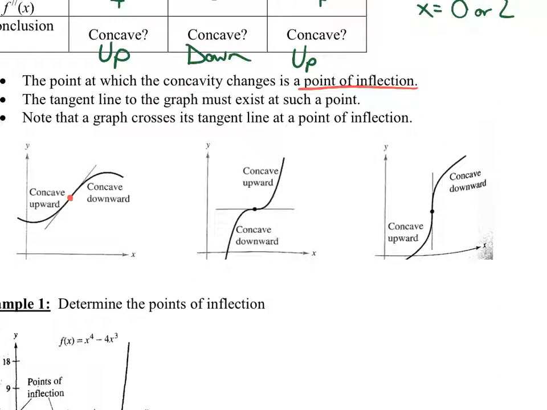We've seen that one other place, and that was when we had a plateau point. A plateau point is also a point of inflection. Not all points of inflection are plateau points, but all plateau points are points of inflection. So if you have a horizontal tangent, that's a plateau. It will be a point of inflection.